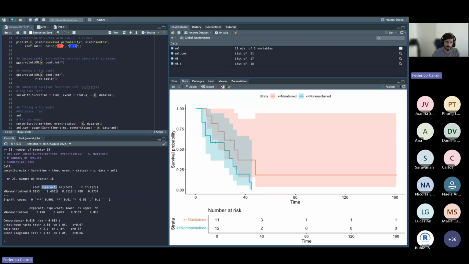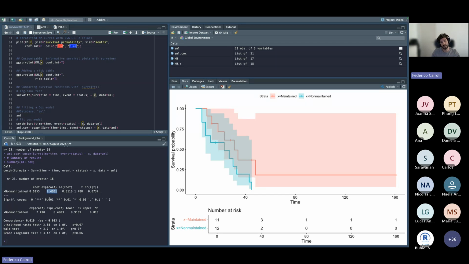So we obtain a hazard ratio of 2.49, which means that the cohort that didn't receive maintenance treatment basically has 2.5 times more hazard than the treatment arm, the cohort that received the maintenance treatment.